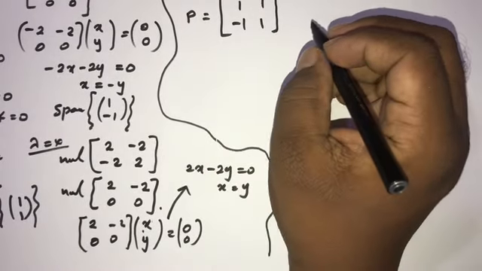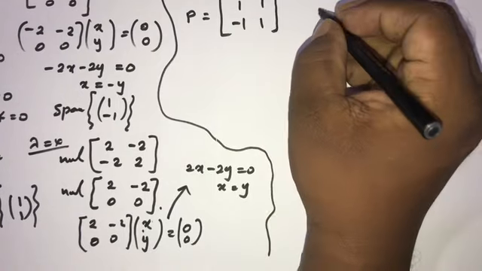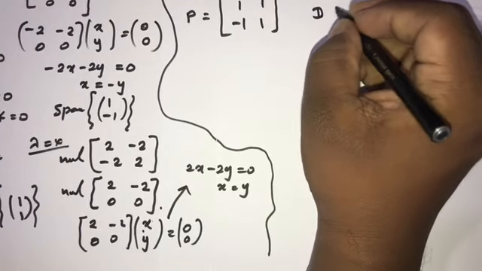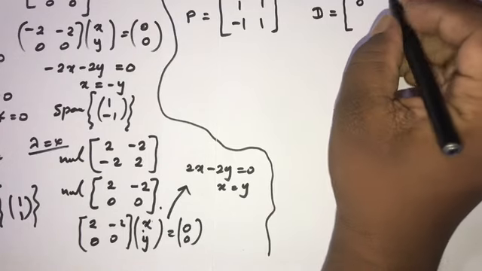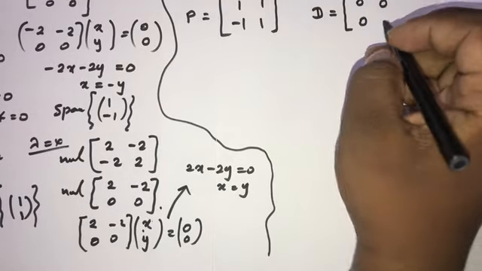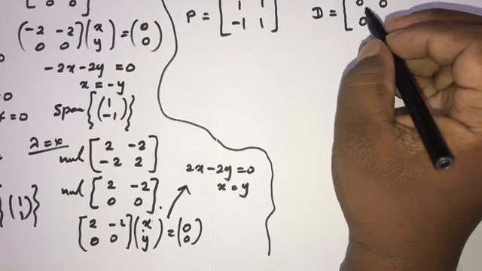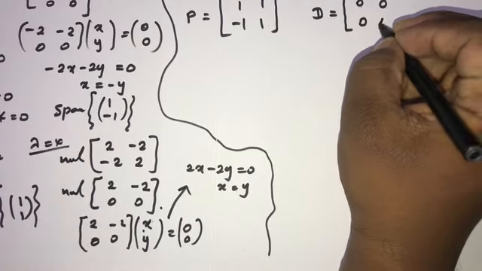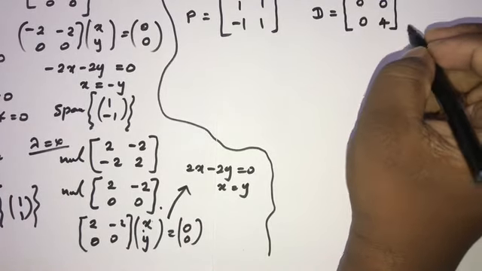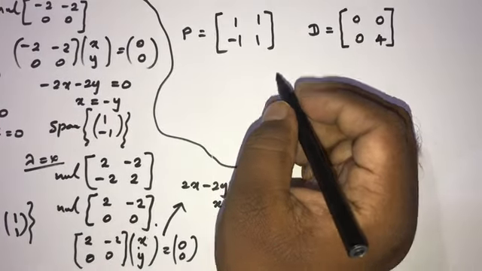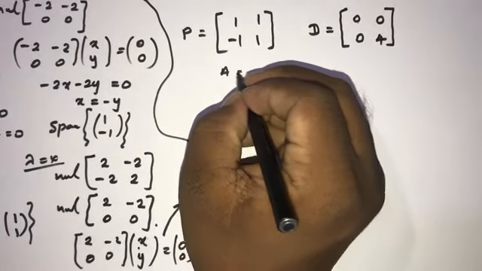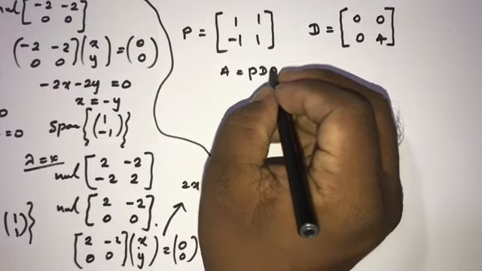Now we found the eigenvalues, so the diagonal matrix D we can write as [0 0; 0 4], because one of the eigenvalues is 0 and the other one is 4. Now we know A is equal to P D P inverse.